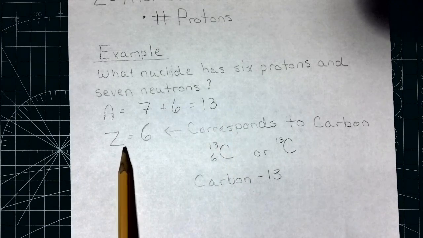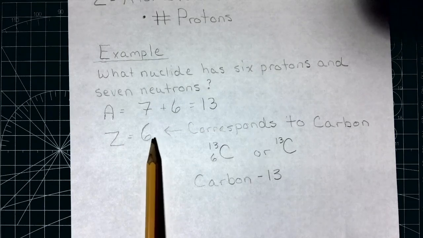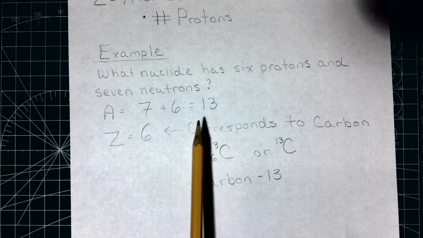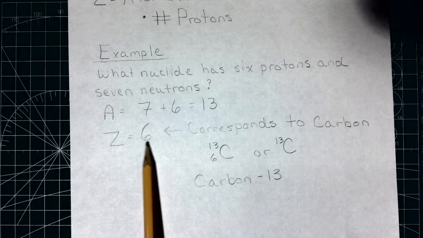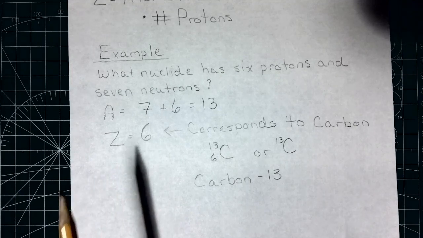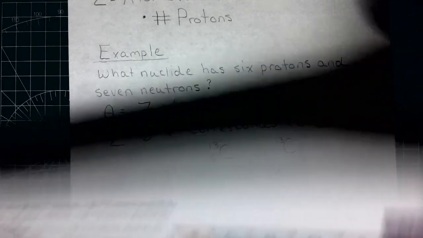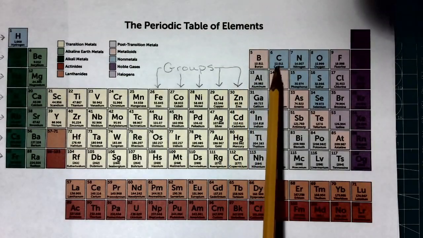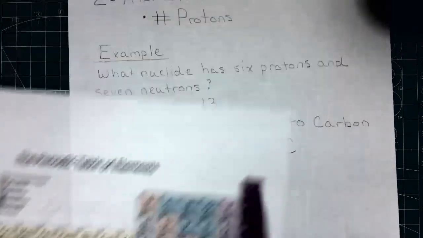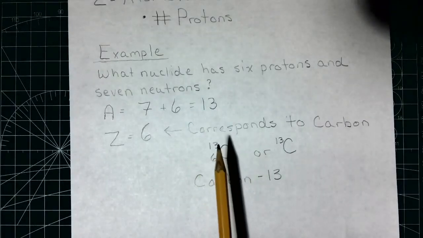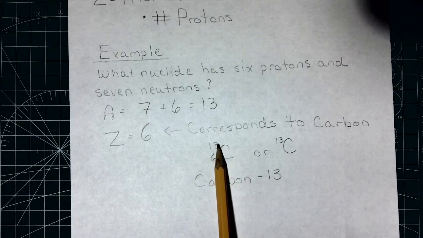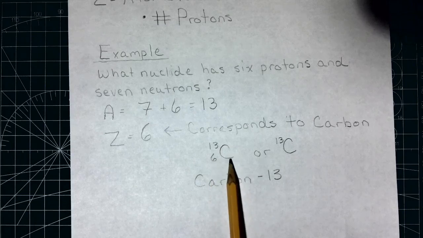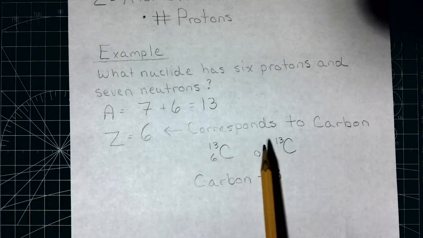And our atomic number is going to be the number of protons, or 6. 6 corresponds, if we look at our periodic table, to the element carbon. So our nuclide symbol is going to be 13, 6 with a capital C for carbon.